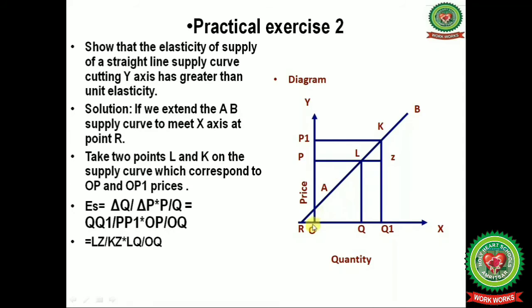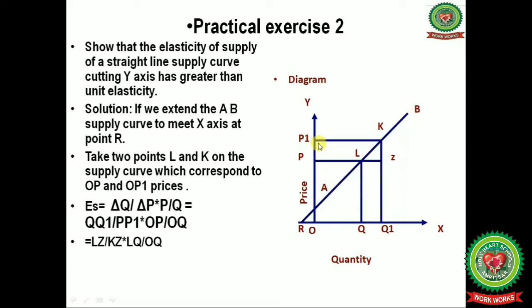Suppose the supply curve, we know that it originates from the origin. If we extend this supply curve AB, the supply curve meets the x-axis at point R. Now you have to take 2 points on the supply curve, I have taken here L and K, which correspond to the OP and OP1 prices.